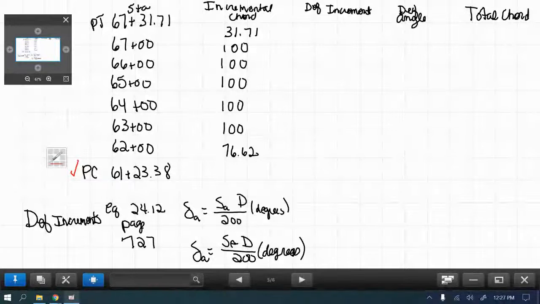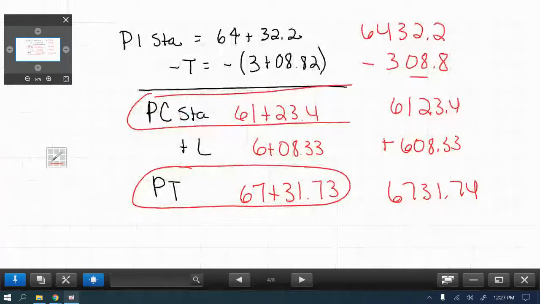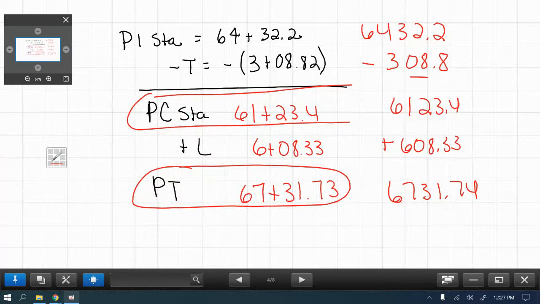That should be 7.3. Make sure I did it right. Just make sure my stations are right again.